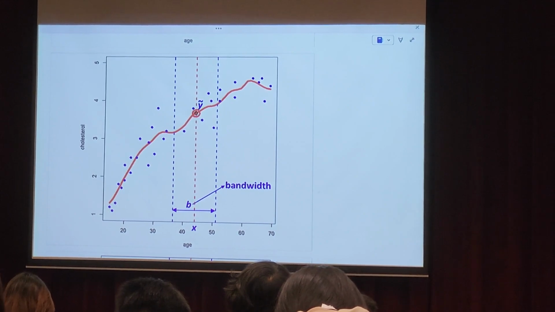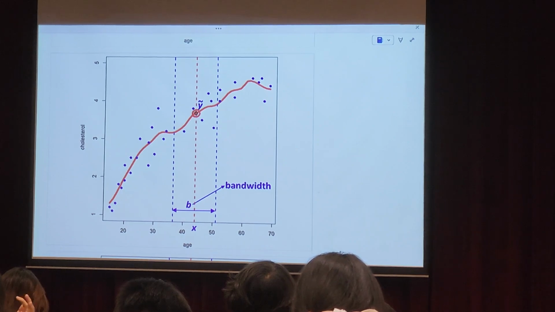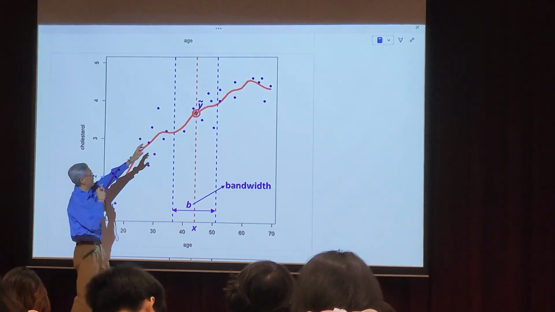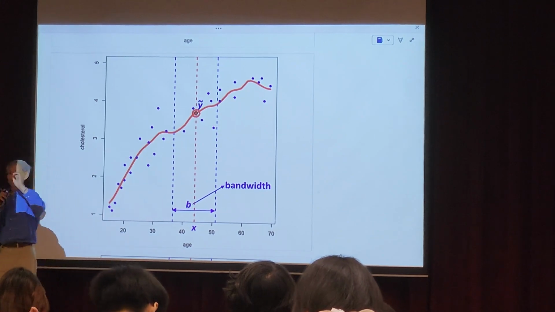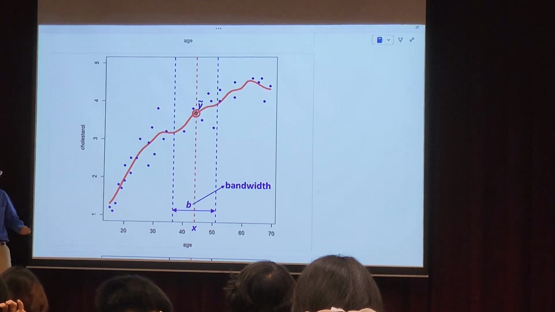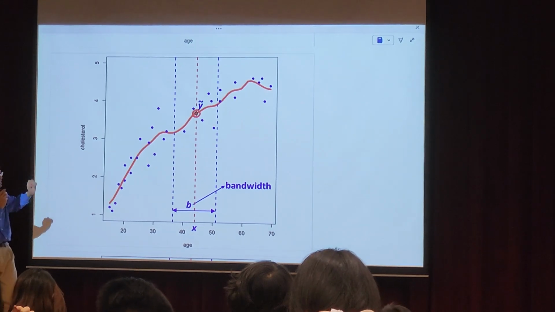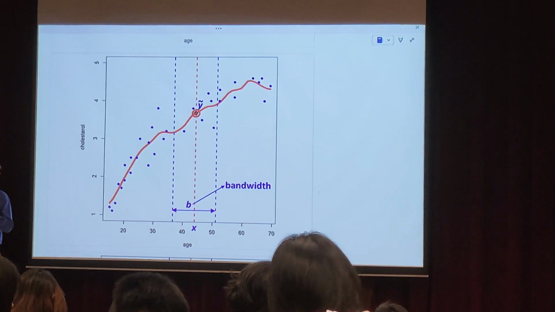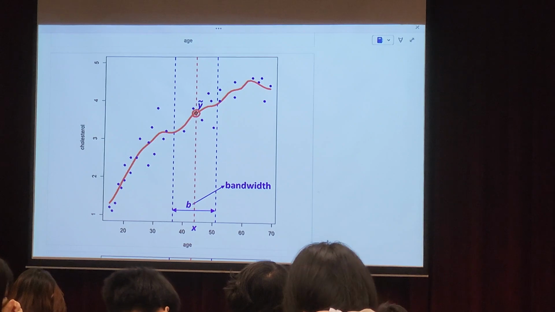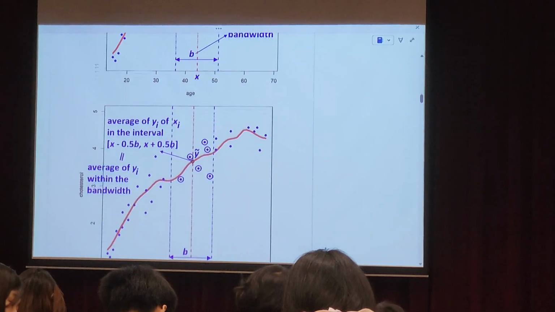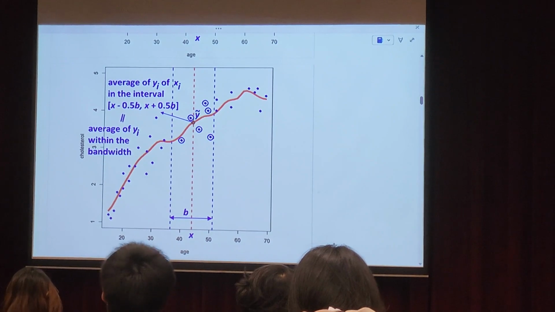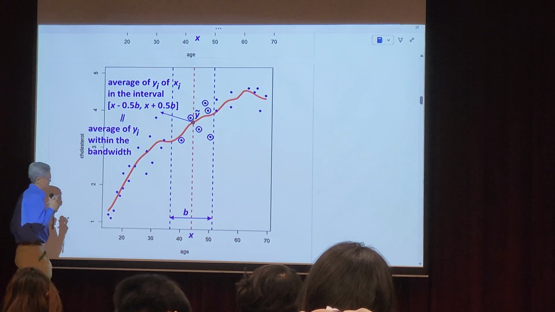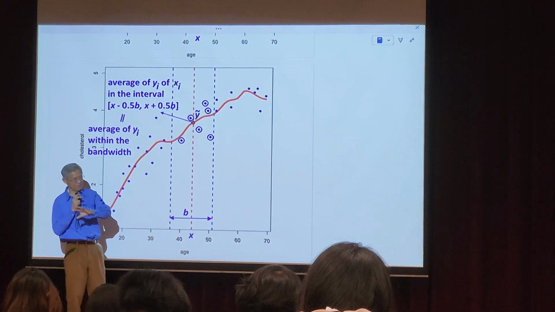All right? So that's the idea. If you understand how y tilde, the fitted value at the point X, is calculated, you would have understood non-parametric regression. Alright, it's very simple. Everything is simple if you understand it, if not, it's very complex.